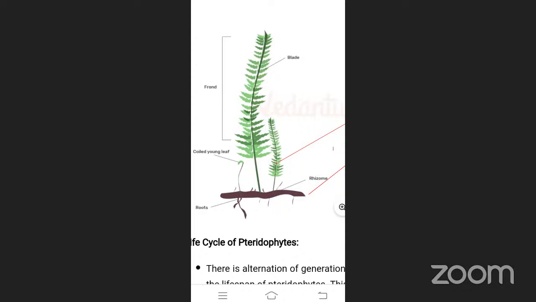So the gametophyte bears the male and female sex organs, that is the antheridia and archegonia. The antheridia are developed either on the dorsal or ventral side of the prothallus. They are generally embedded in the prothallus; in advanced forms they are slightly projected.